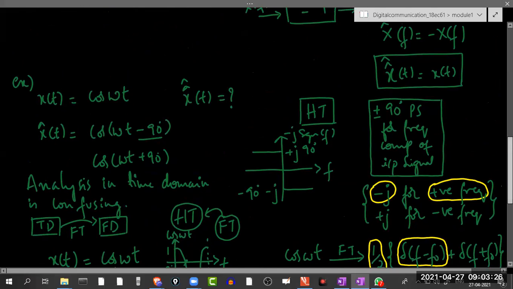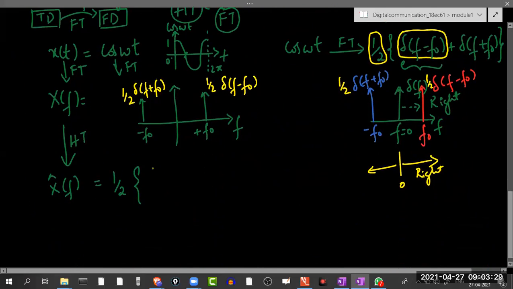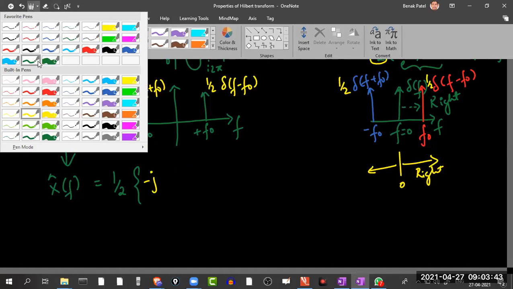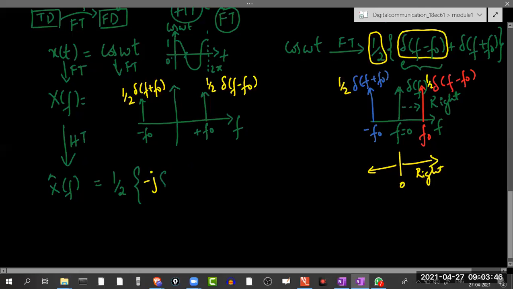So let's bring in negative j along with it: negative j delta f minus f naught plus, what about this delta f plus f naught, whether it belongs to the right hand side or the left hand side?